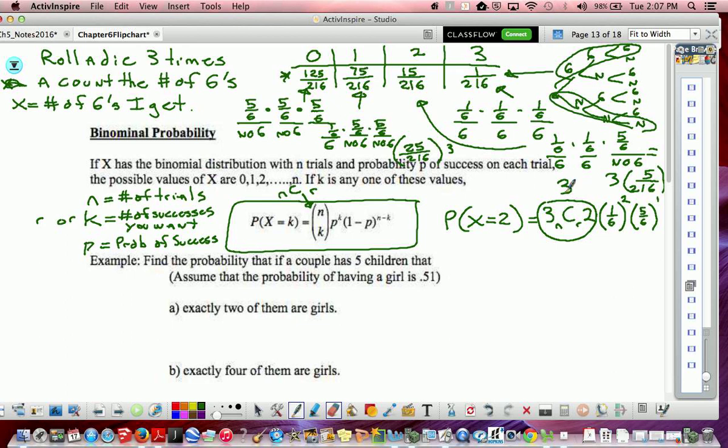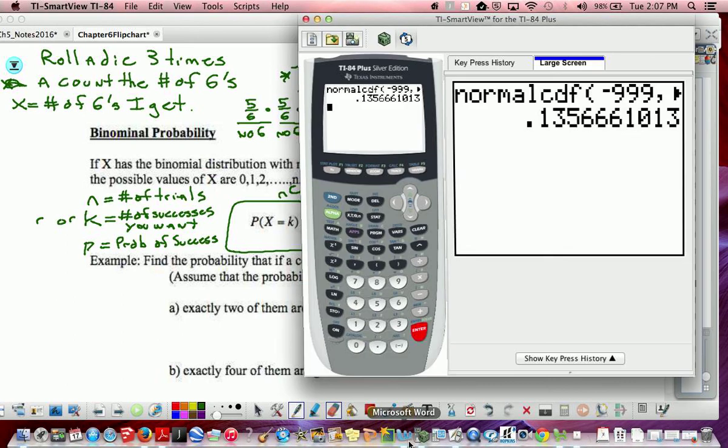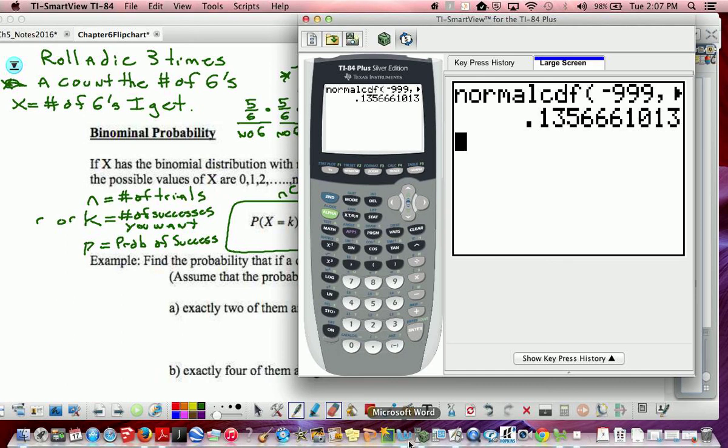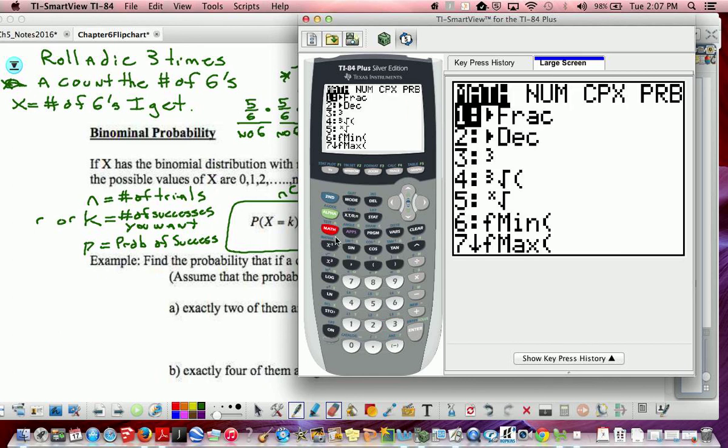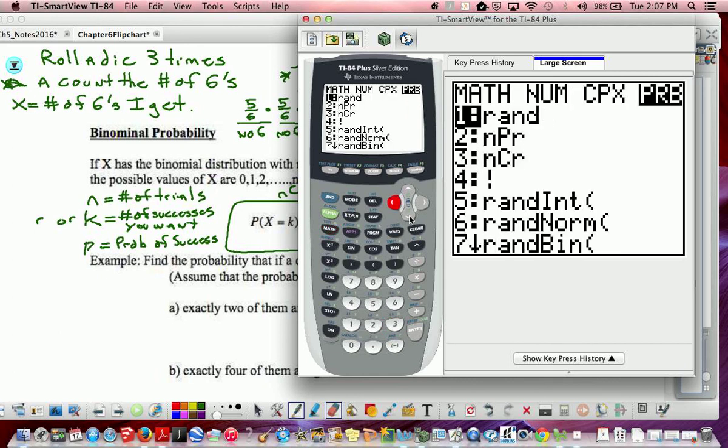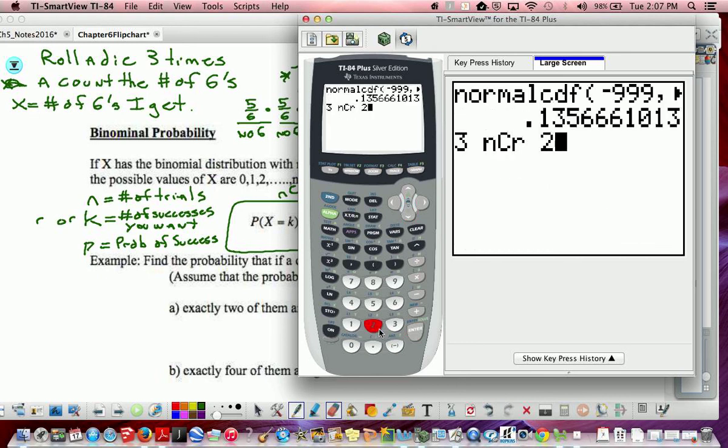So one of the things I can do on my calculator is go 3, math menu, over to probability, NCR 2, and then 1 divided by 6, raise it to the second power.